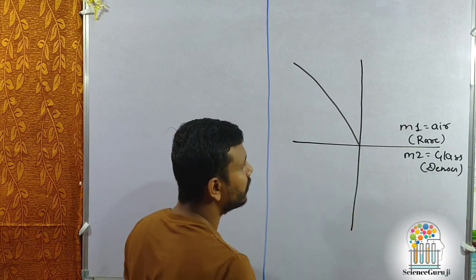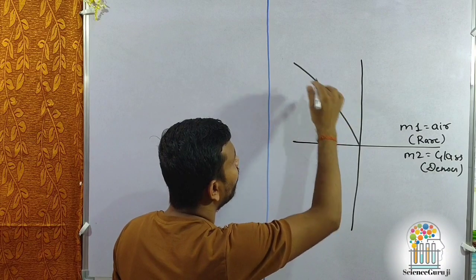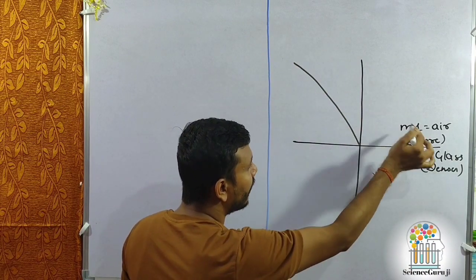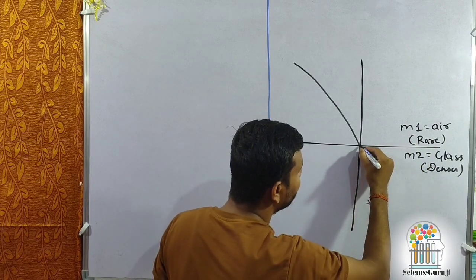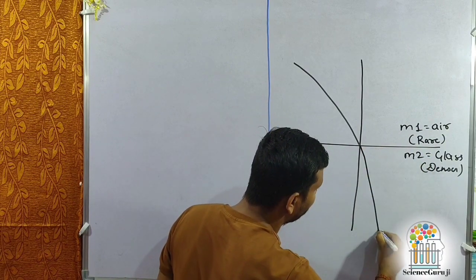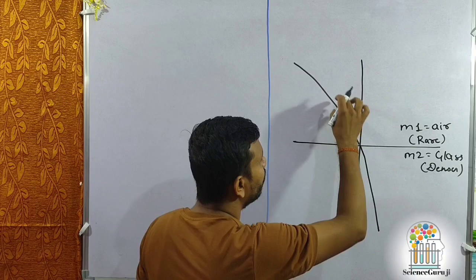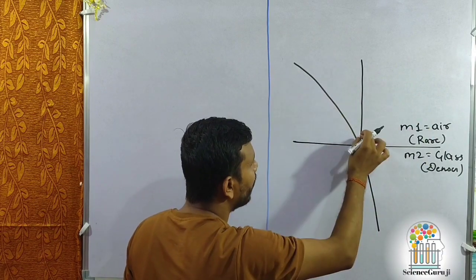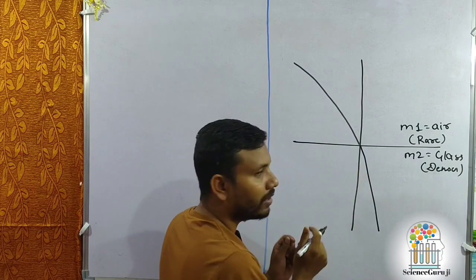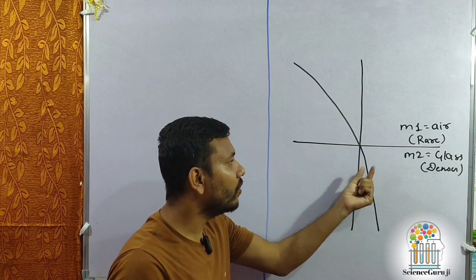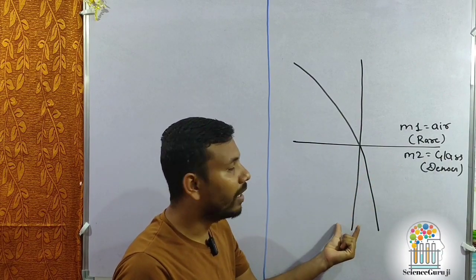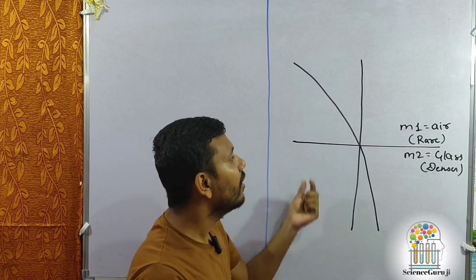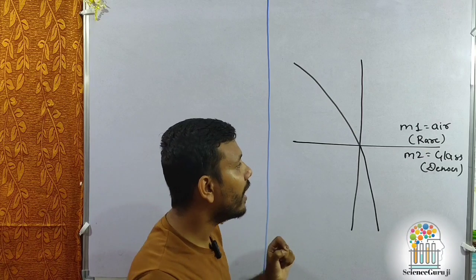So after the incident ray goes from air to glass, it changes its path. After going from the air medium to the glass medium, the path of light changes. It bends towards the normal, and this phenomenon is considered refraction of light.